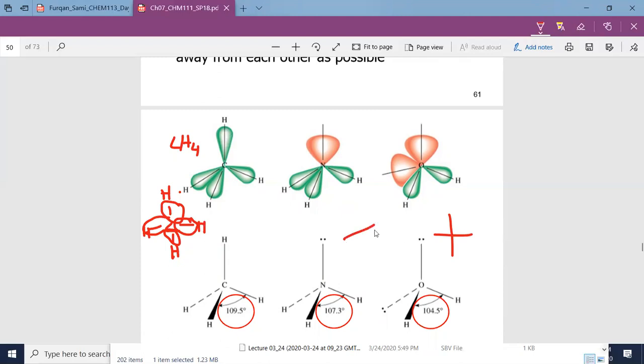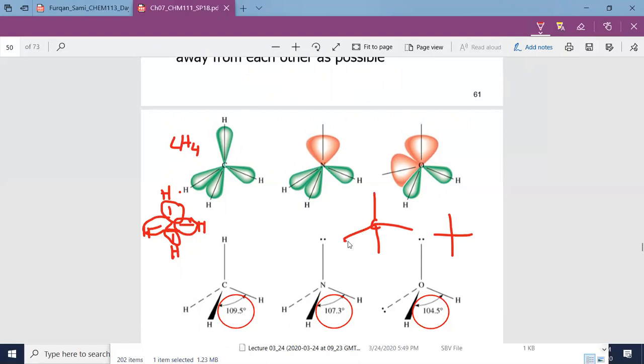They say the structure is where three bonds are going downwards and one bond is going upward. So it's going to be a four-faced object. I have to use a dotted line for that. So let's say this is your carbon in the middle, and then these are four hydrogens.